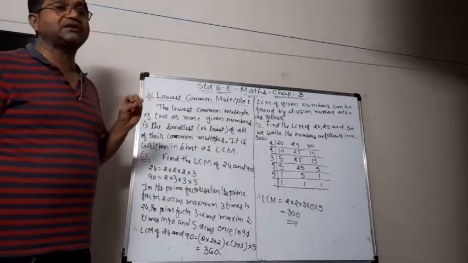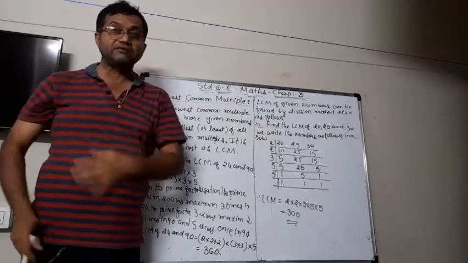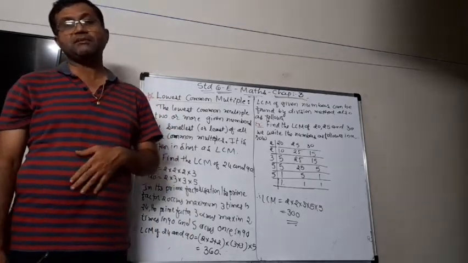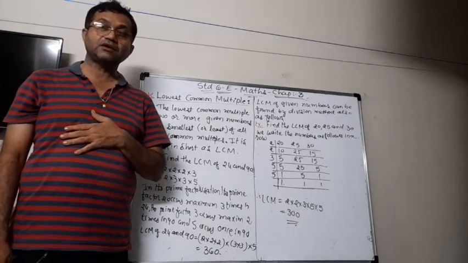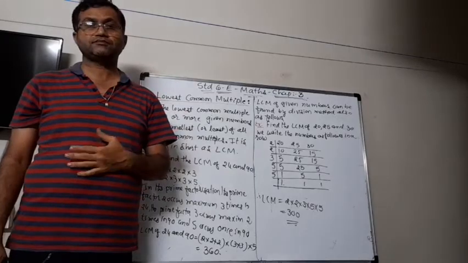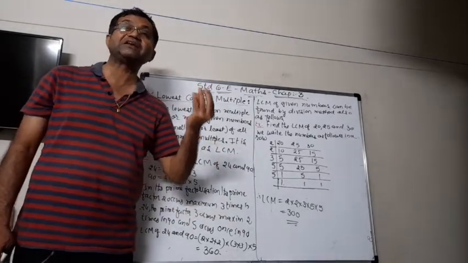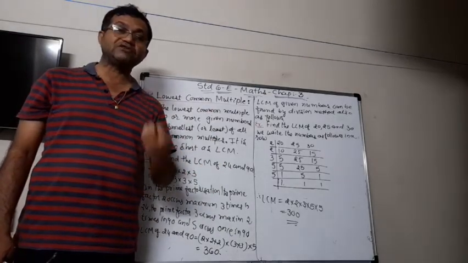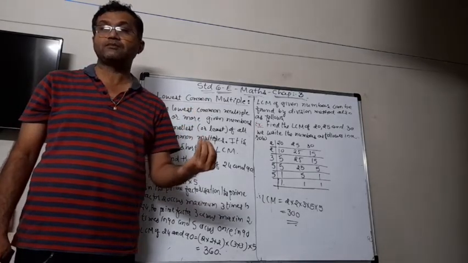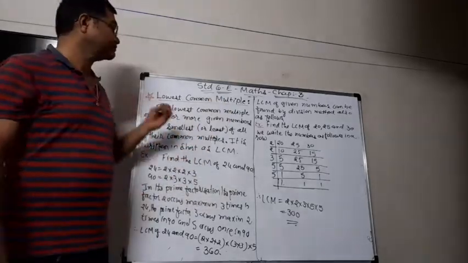So here we have to find the multiples of all the given numbers, find the common multiples of the given numbers, and then among all those common multiples we have to choose the smallest one, and that will be the LCM of the given 2 or more numbers.